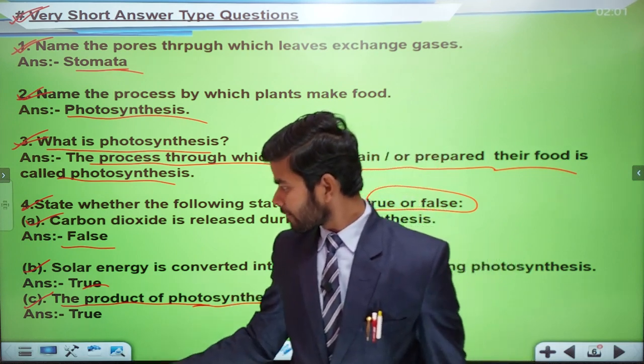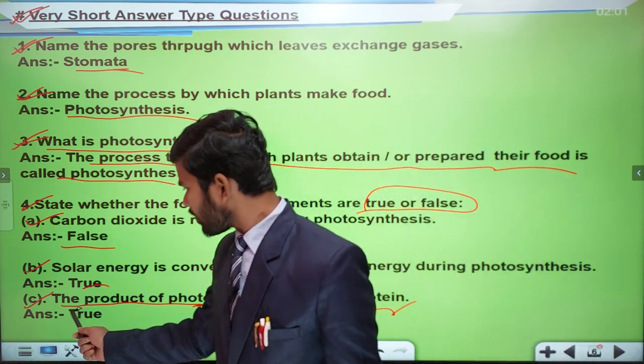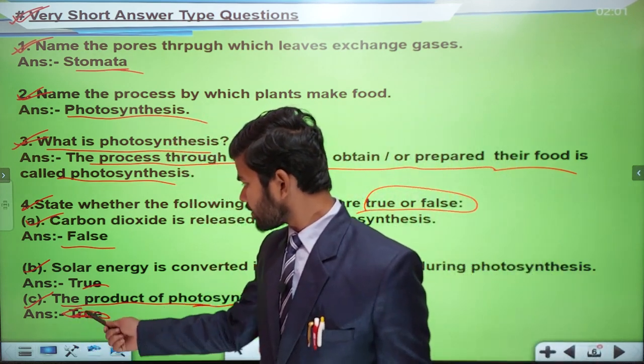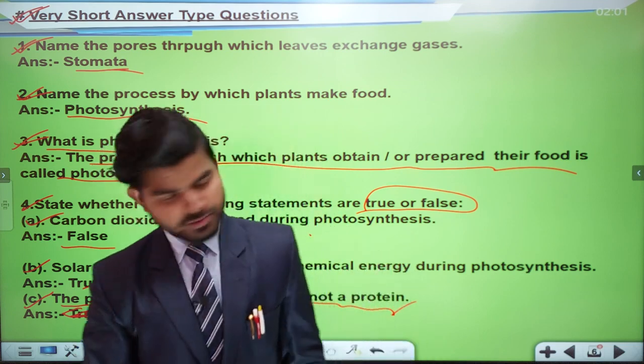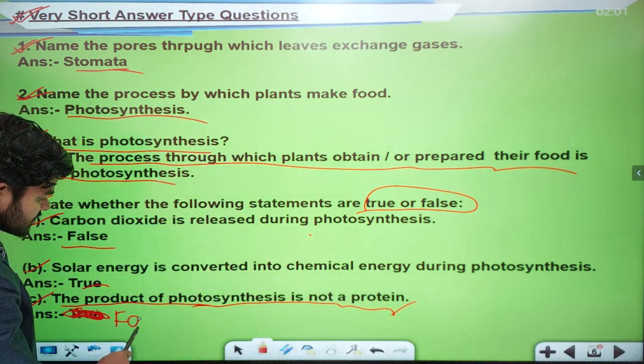So this is protein? No, this is a false statement. Here it is written true, but this is a false statement. If you can, write here that it is false.